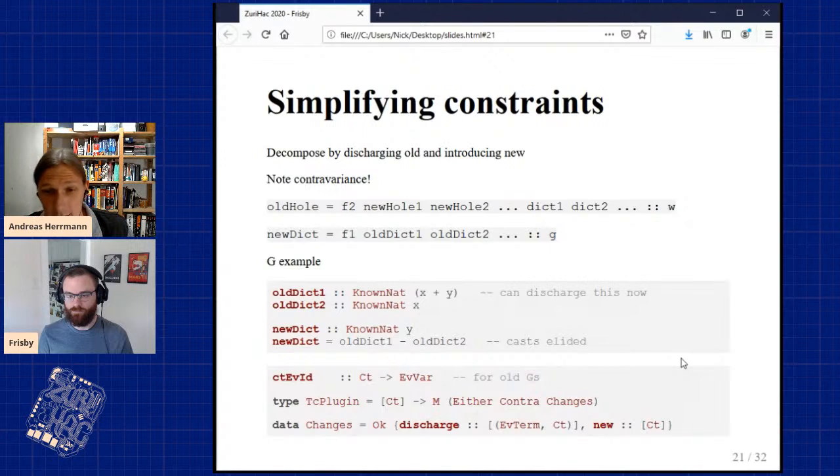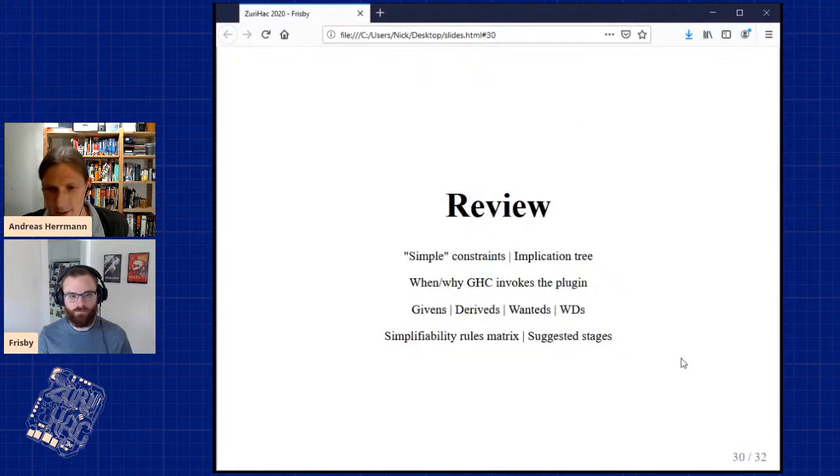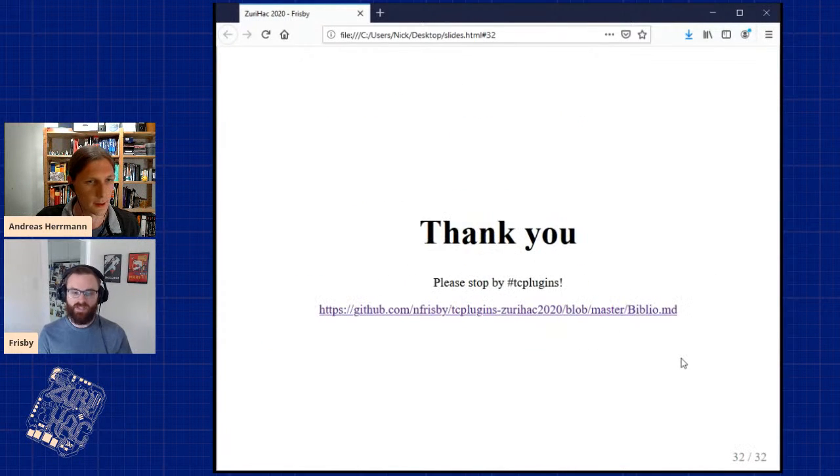And another question was, and I think a comment pointed to the glossary that you had on the last slide. Is there a list of typechecker plugins that exist somewhere? Yeah, there's a couple lists. I have one in this file. And Matthew Pickering also has a really nice page where he collects basically all sorts of references and examples of all kinds of plugins, not just typechecker plugins, but also core plugins and source plugins and front-end plugins.